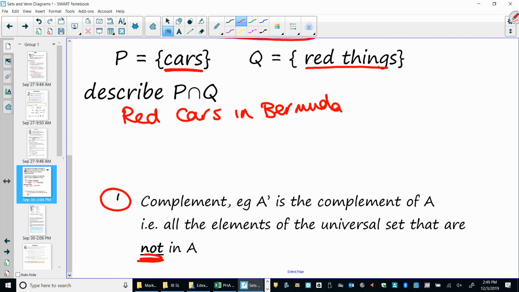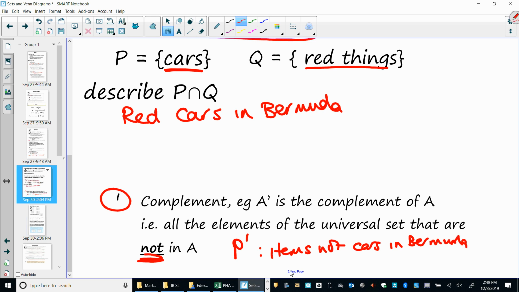Following on from this example, if it was P dash, it would be items not cars in Bermuda.